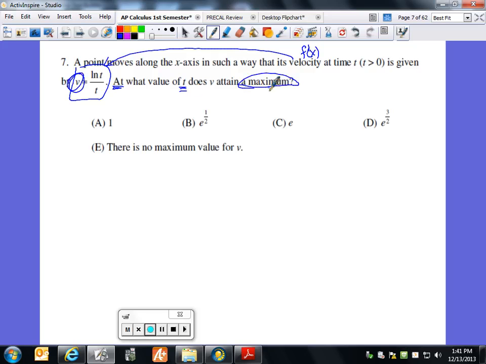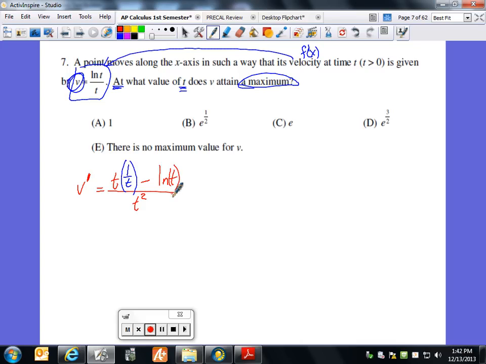Remember, when I want to maximize or minimize a function, I need to take its derivative. So v prime will give me, well, what's the derivative of what you see? I will use the quotient rule. It's the bottom squared, and it's low d high, so the derivative of the top is 1 over t, minus high d low.